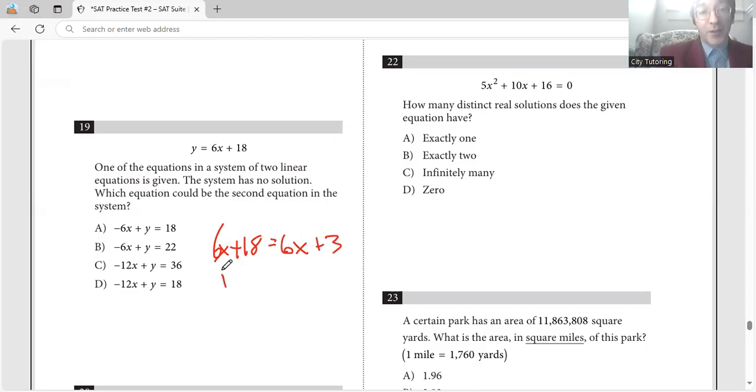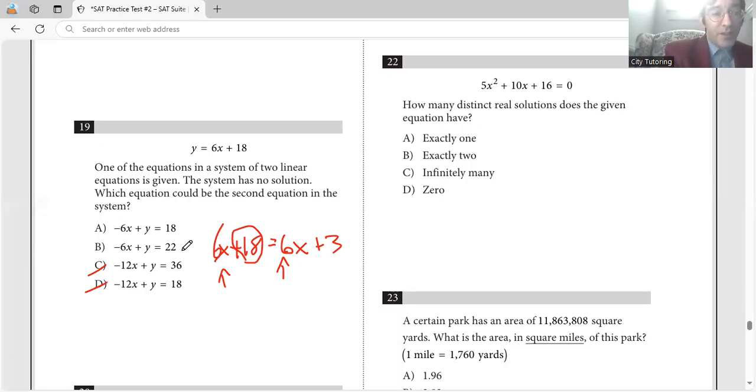Why? Because the slopes are parallel, but this part here is unequal. You can't say 18 is equal to 3, right? Because when you subtract the 6x's from each other, you'd have 18 is equal to 3. That's a contradiction. We don't like contradiction, do we? That's a false statement. C and D don't make any sense, right? Because that's not the same slope.